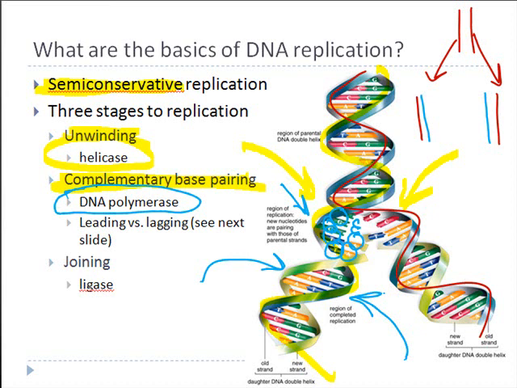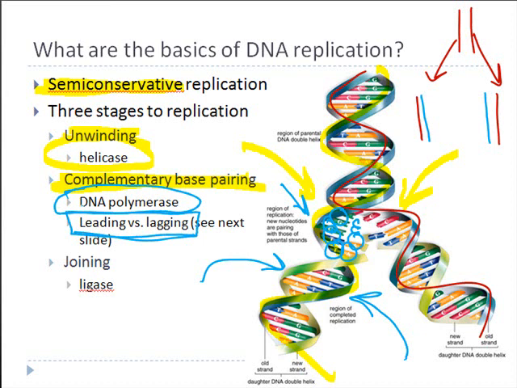Now, while that's happening on one strand, the same thing's occurring on the other strand. But because the DNA strands are anti-parallel, one goes 5' to 3' and the other goes 3' to 5', the direction in which synthesis occurs is going in the opposite direction. And this creates something called leading and lagging strands. I'm going to hold off until the next slide to actually talk about the difference between those two.